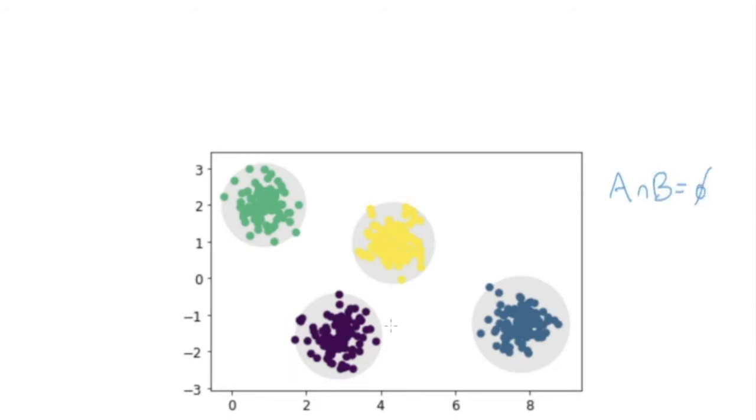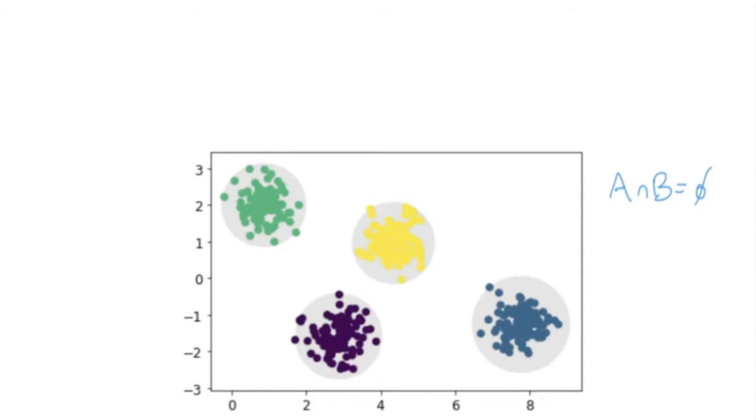So if we have our definition of disjoint in mind, we can see that all 4 of these sets are disjoint. Any pair of these 4 sets are disjoint. So this is a very particular kind of situation where any pair of 2 sets are disjoint.